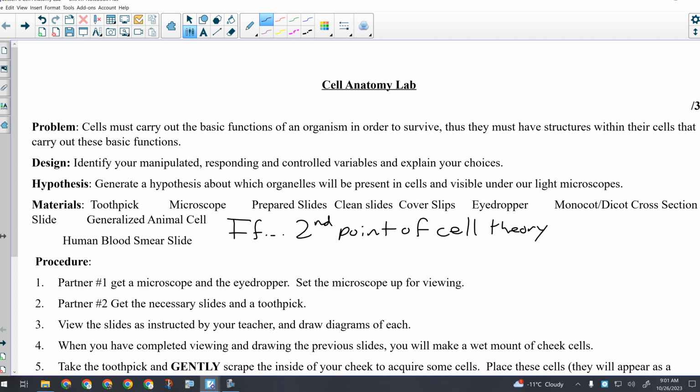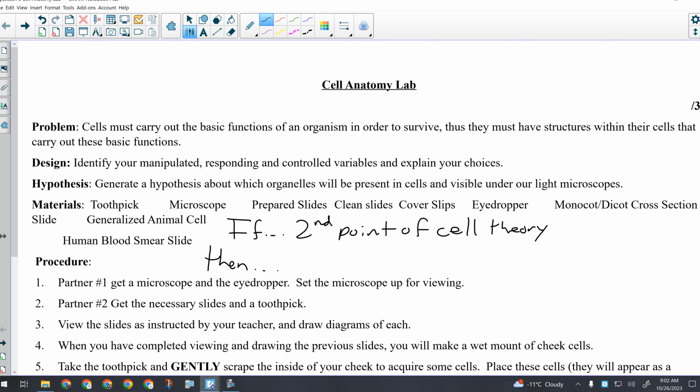The and part, as always, describes the experiment. Cells from various eukaryotic organisms are viewed under the microscope and diagrammed. Then, predict what structures you think you'll be able to see in the cells and why.